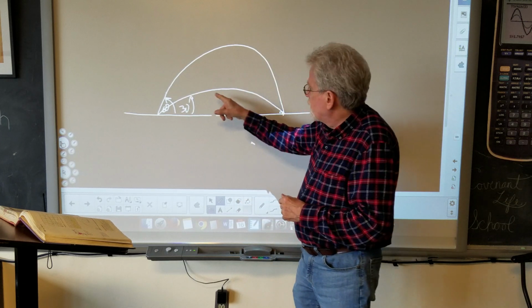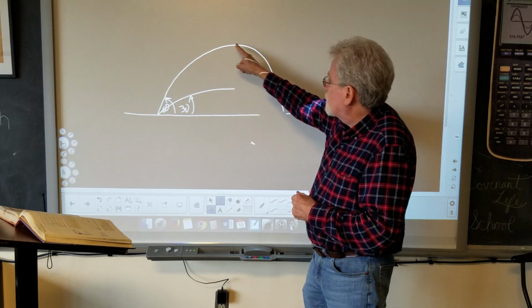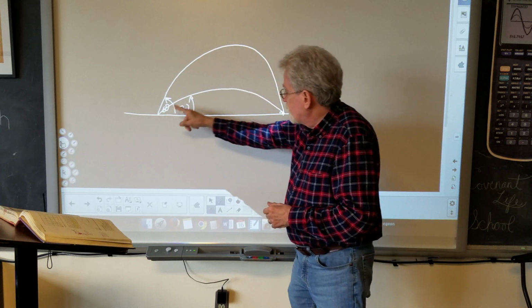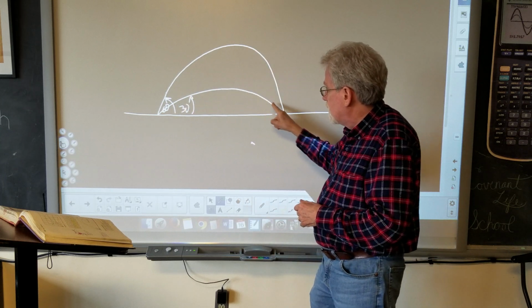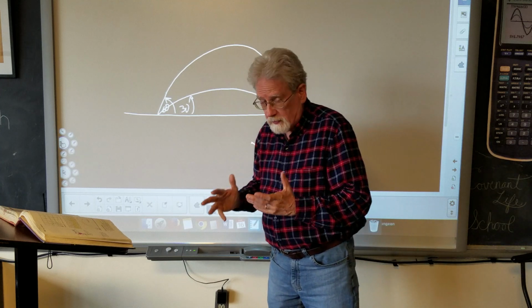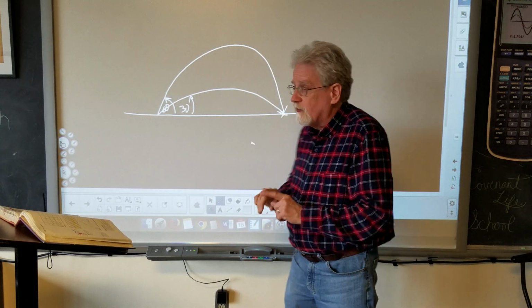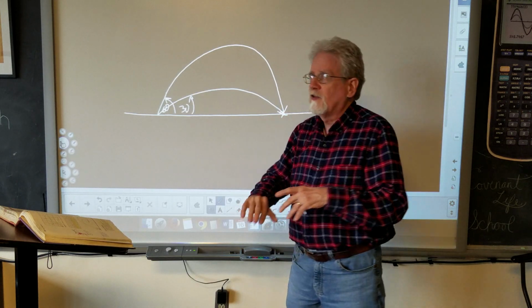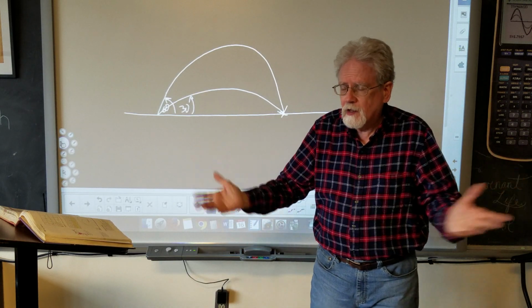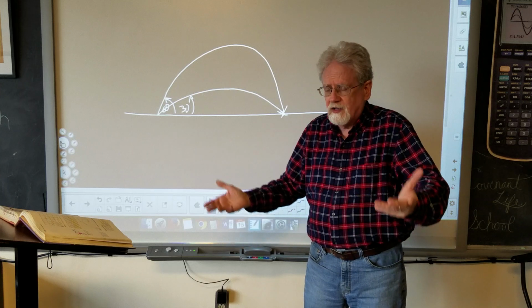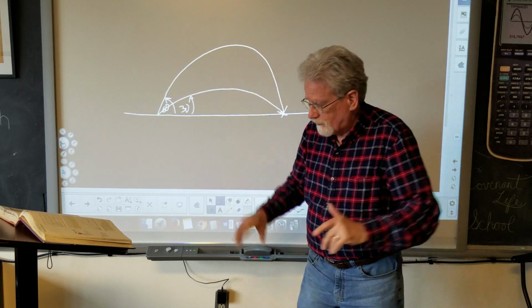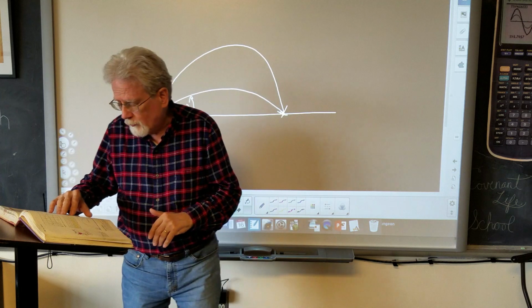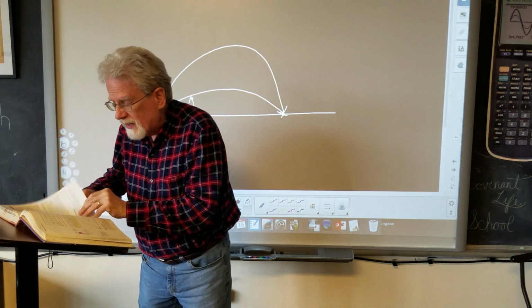This one will take longer because it has to rise higher. This one will be in the air for a shorter time. By the way, speaking of air, this is assuming no air friction, of course, as we so frequently do, because if we take air friction into account in everything, we would get so bogged down in details that we would never get anywhere. So we will pretend there's no air friction in that.